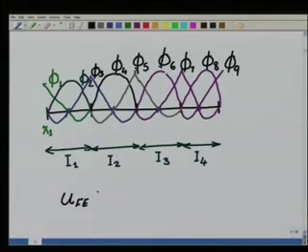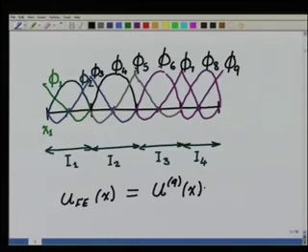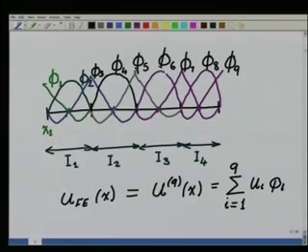So U_FE of x, we will use our earlier notation, is a 9-term solution, U9 of x, equal to sigma i equal to 1 to 9, Ui phi i. So this is a pictorial thing.